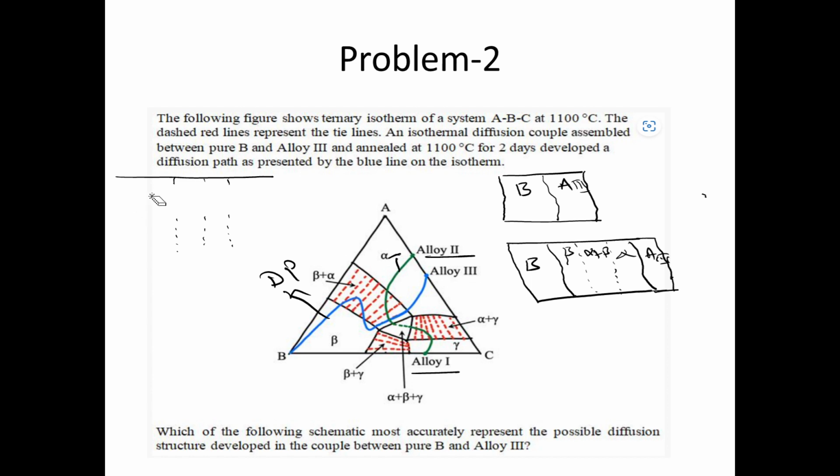I will draw one more time. That will be better, because so many phases are forming here, right? This will be useful when we are having a ternary isotherm, as well as drawing the diagram, the single phase.